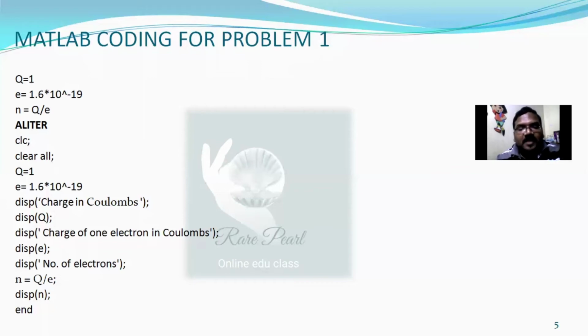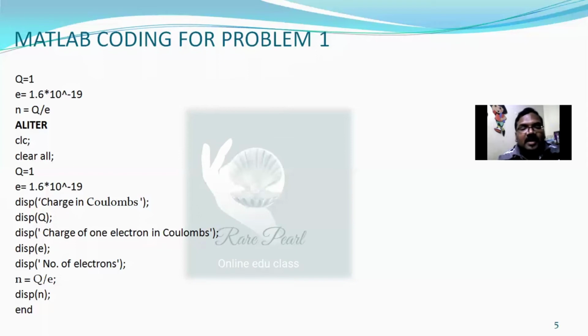See here, display charge of one electron in coulomb, because the SI unit is coulomb. We are not giving E within quotes. If you give quotes, it will display E, not the value of E. If you want to display the value of E, you have to give only E, not within quotes.